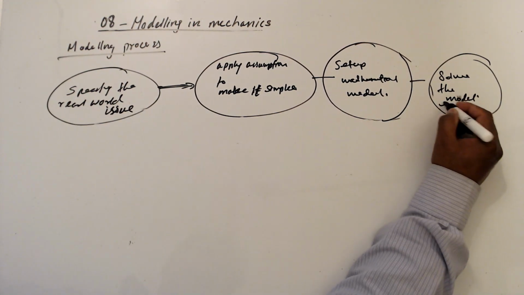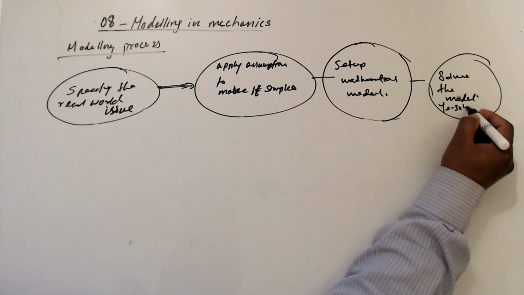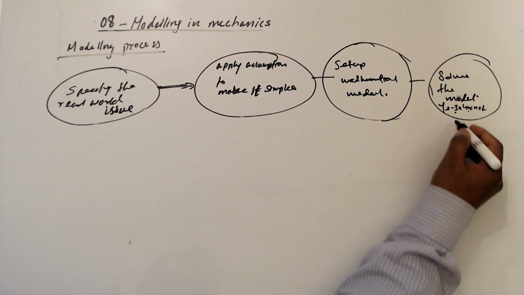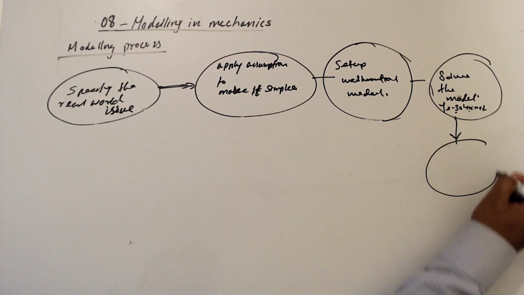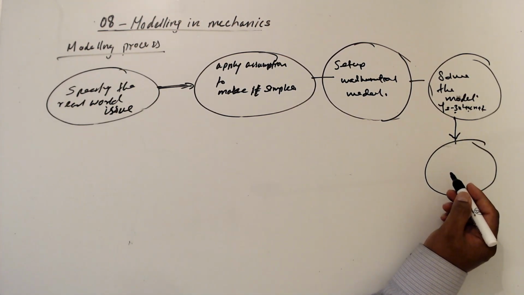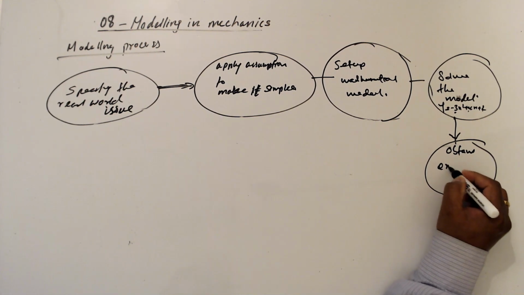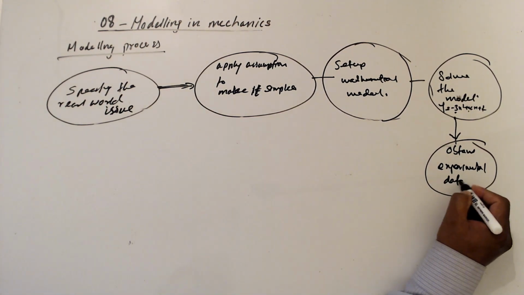Sometimes solving means we are giving some values. Y equals minus 3x square plus 4x plus 2. Likewise, we give some values. And then we want to check these values are correct. That is where we need the experimental data. So obtain experimental data.